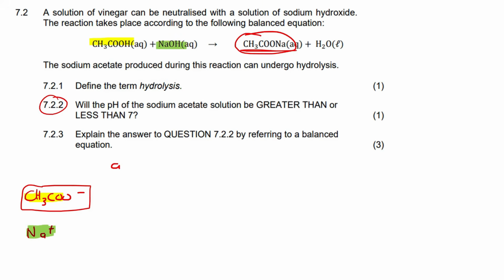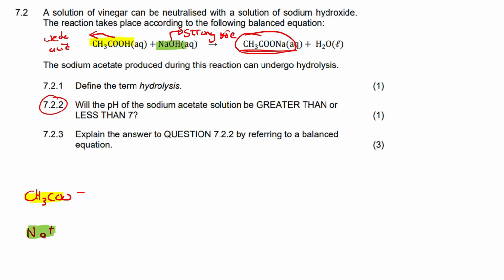So what we now do is we ask ourselves, is the thing that it came from a strong or a weak acid or base? So this over here, you must know by definition, is a weak acid. And this over here, you need to just memorize it. This is a strong base.